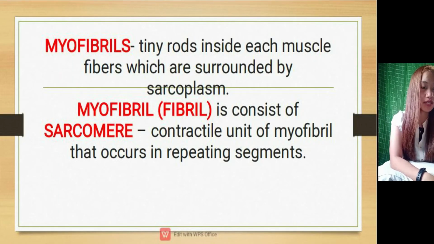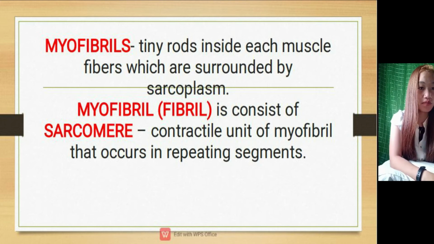And the next one is the myofibrils. These are tiny rods inside each muscle fiber, which are surrounded by sarcoplasm. So the sarcoplasm surrounds the myofibrils.